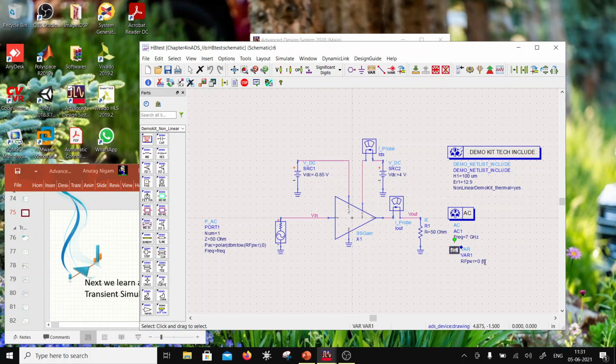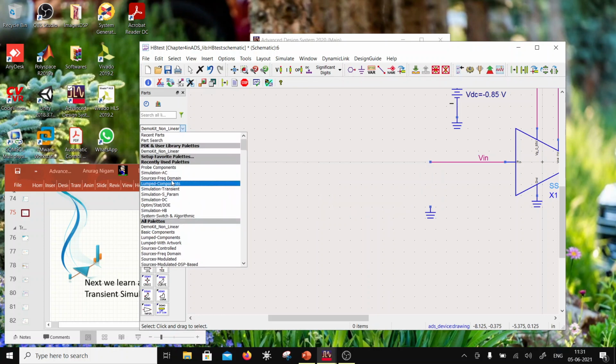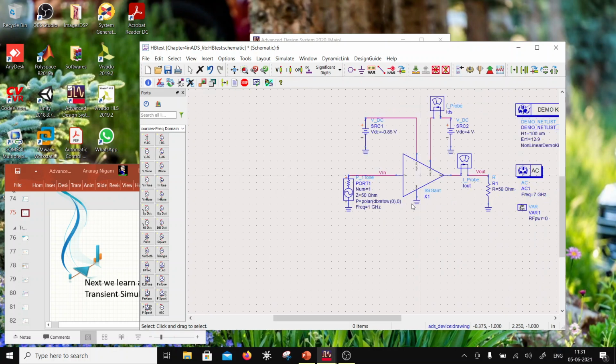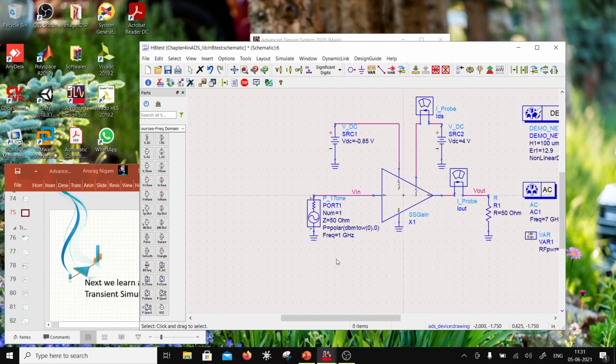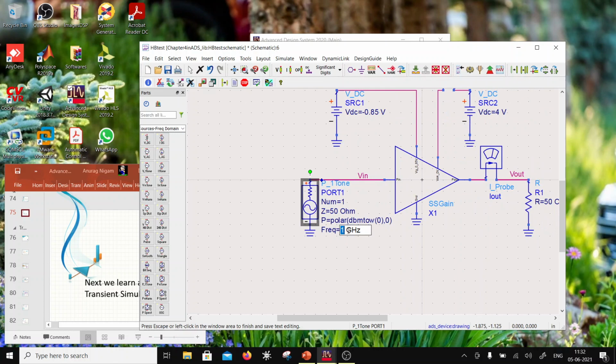I'm going to remove the tune from this, and I'm going to replace this with P1 tone. So go to sources, frequency domain, and look for P1 tone. Now if you want to do two tone, I'll show you how to do two tone simulation, and then I will show you how to do ACPR simulation in envelope, and then I'll show you what is a load pull. So this is coming in the subsequent sessions.